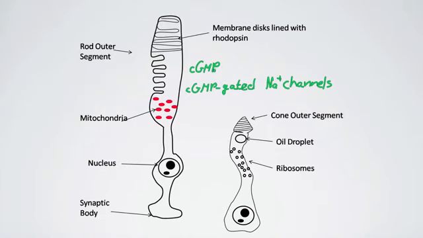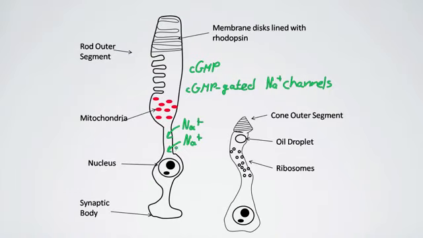So in the dark, we have cyclic GMP around. The cyclic GMP gated channels, of course, those are going to be open. And what's going to happen is sodium is going to rush in. So we have sodium, Na+, coming into the cell. And if you remember from previous episodes when we spoke about depolarization, sodium rushes in, making the membrane potential more positive.